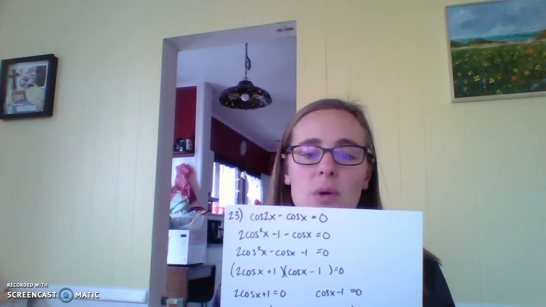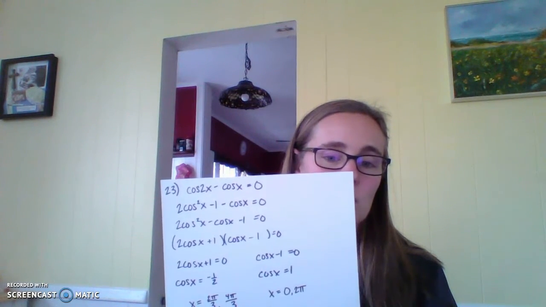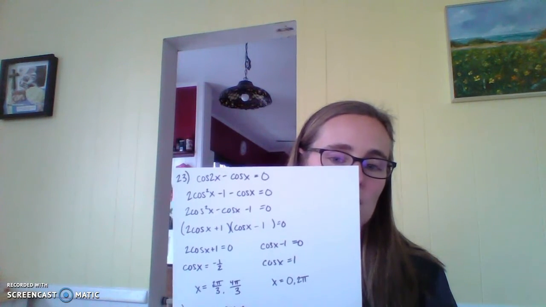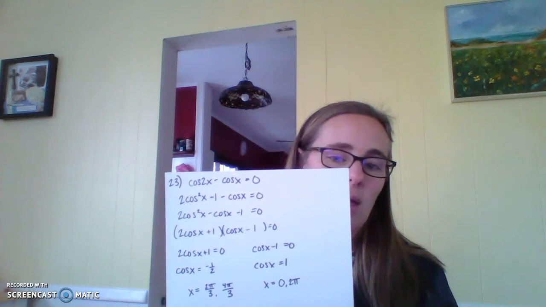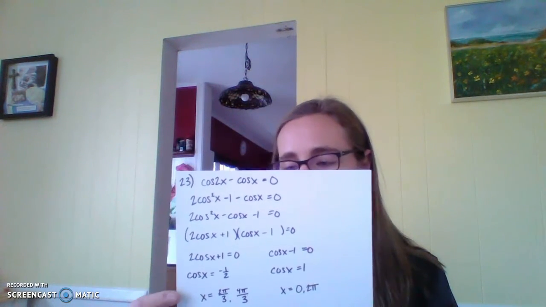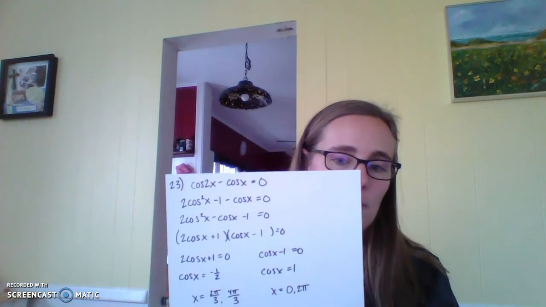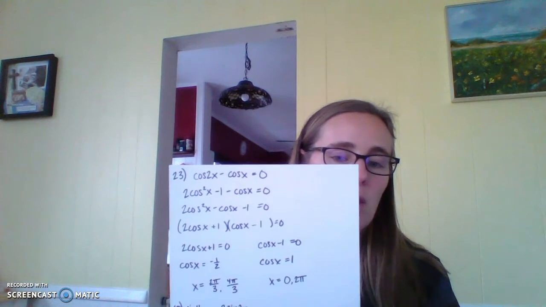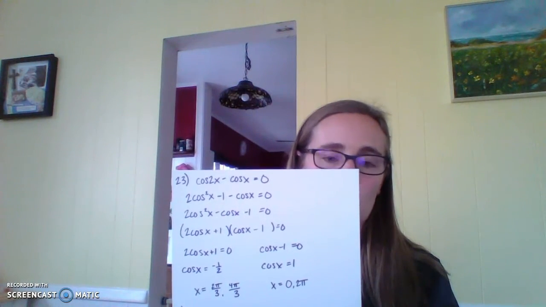So we have 2 cosine x plus 1 equal to 0, cosine x minus 1 equal to 0, and we go through and solve. So we have that cosine of x is equal to negative 1/2, cosine of x is equal to 1. Looking at our unit circle, where is that true? We have 0, and probably not technically 2 pi, I shouldn't have included that since 2 pi was excluded. But so 0, 2 pi over 3, and 4 pi over 3. Those would be our answers then for number 23.